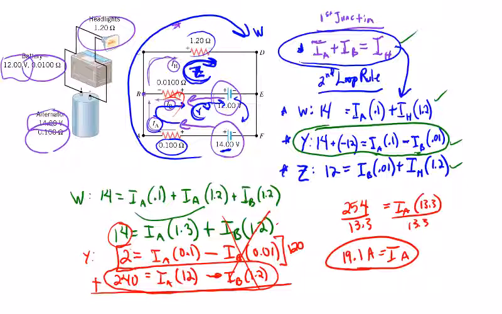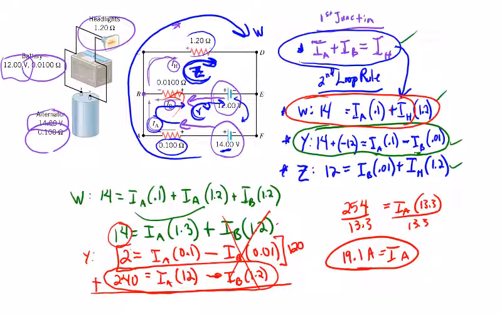Then you go, okay, you got one. Now what? So from here, I have a few choices. One easy choice, since I know what IA is, I can put it into one of these equations that has IA and solve for the other one. So for example, I might plug it into the W equation now to figure out what IH is.